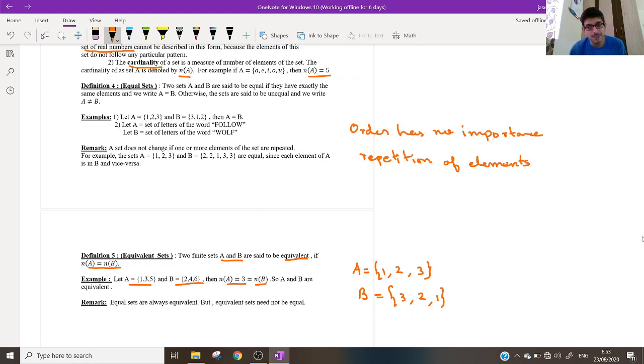This is equal, which means it is equivalent also. But equivalent sets need not be equal. If you see this example, it is an equivalent set but it is not equal. When we are talking about equivalent sets, it depends on the number of elements. The number of elements has to be the same irrespective of the elements. Elements can be different.